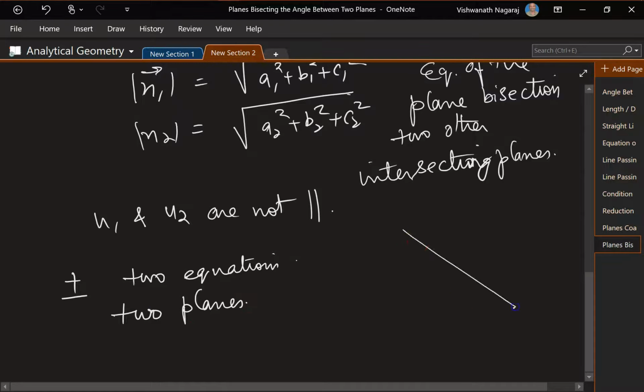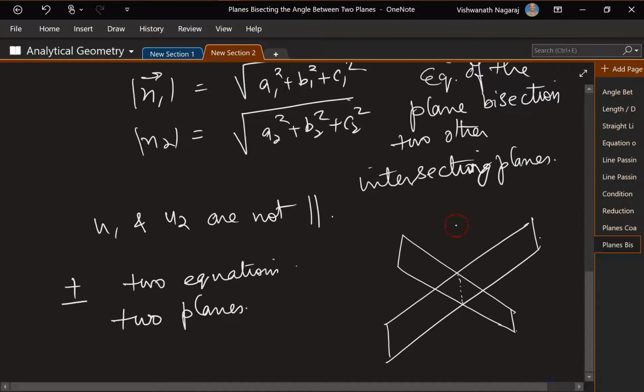Let's say I have these two planes which are intersecting, and let's say this is the line of intersection, right?